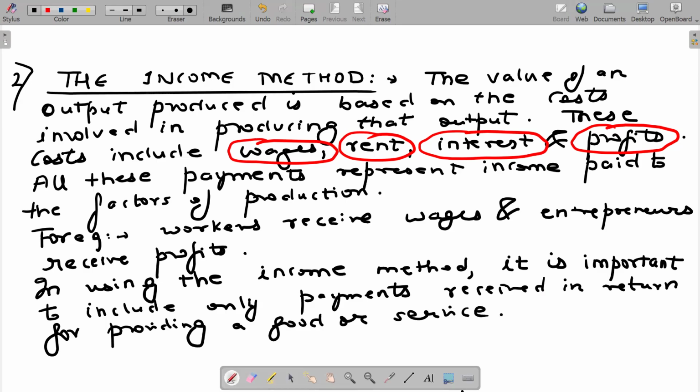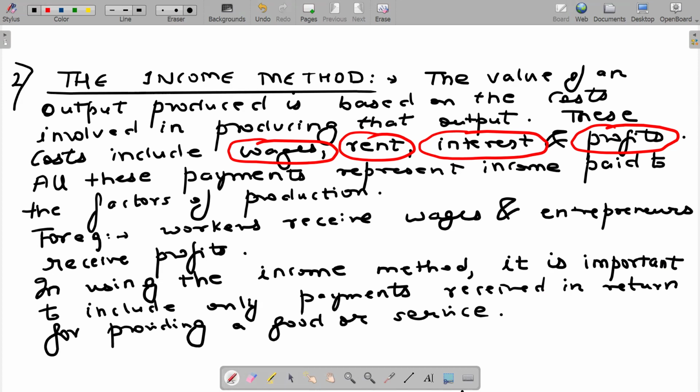So when you are talking about the income method, you should only include those incomes for which either a good or a service has been produced. All those transactions which do not lead to production of good or service are not a part of the income method.